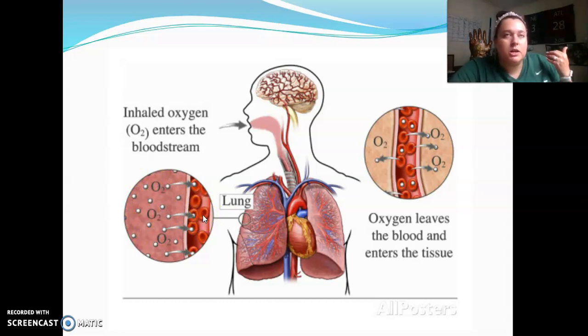Remember last week we talked about the circulatory system, your red blood cell carries oxygen, and that oxygen circulates throughout your body by the red blood cell. Once the red blood cell goes to other tissues and cells of your body, it drops the oxygen off, and it feeds that oxygen to your cells so they can stay alive.